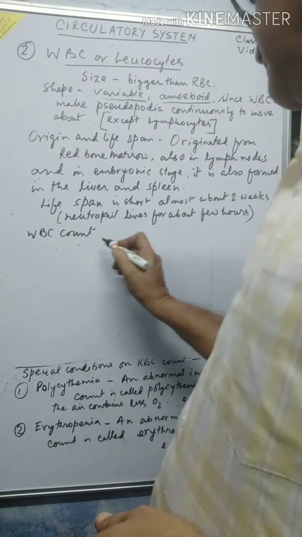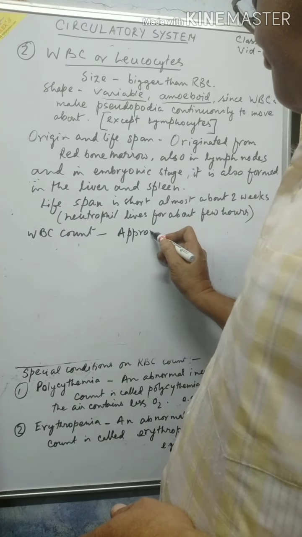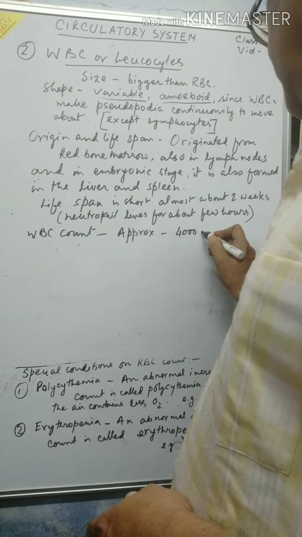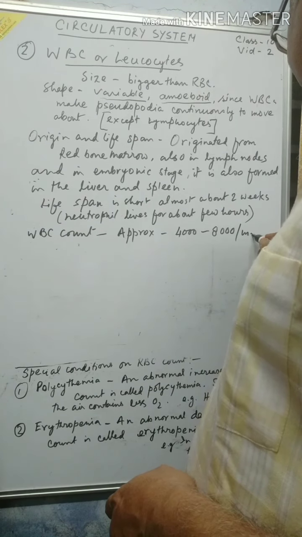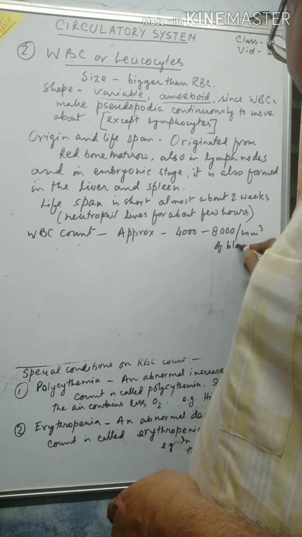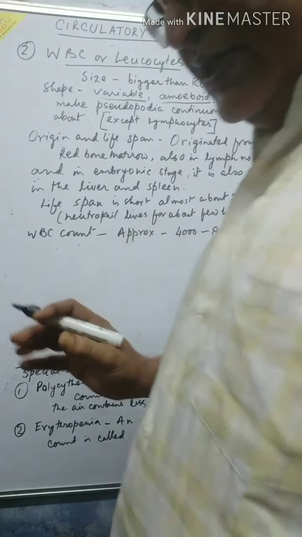WBC count is approximately 4,000 to 8,000 per cubic millimeter of blood. This is the approximate count of WBCs.